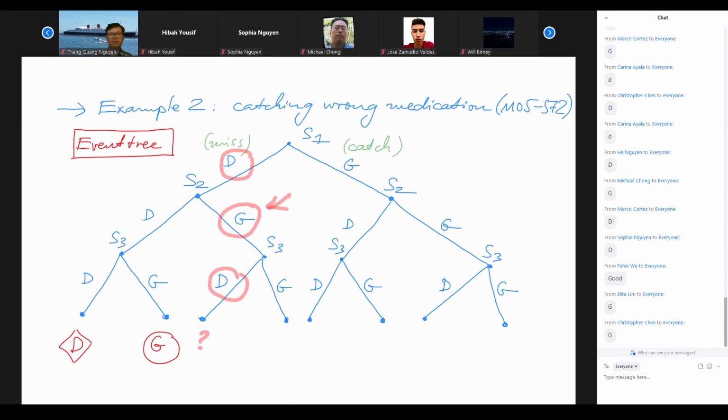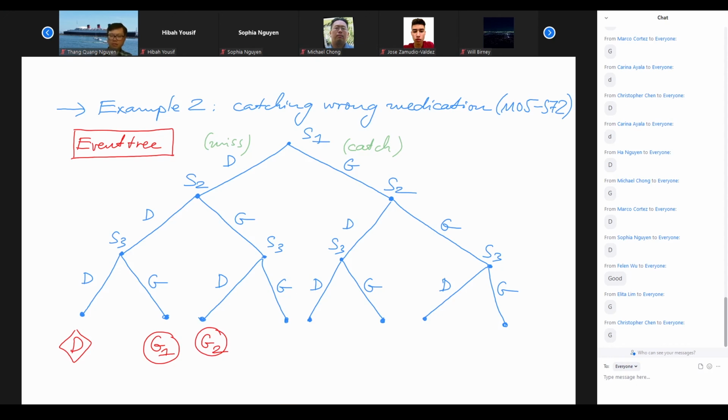Nobody wants to have the wrong medication going through the process. So as long as we have one good, then the final outcome will be good. So in this case, right, the correct answer here is a good outcome. So we have good number one, and then we have good number two.